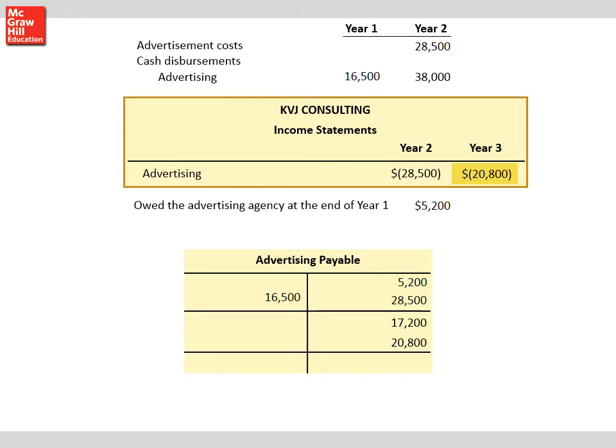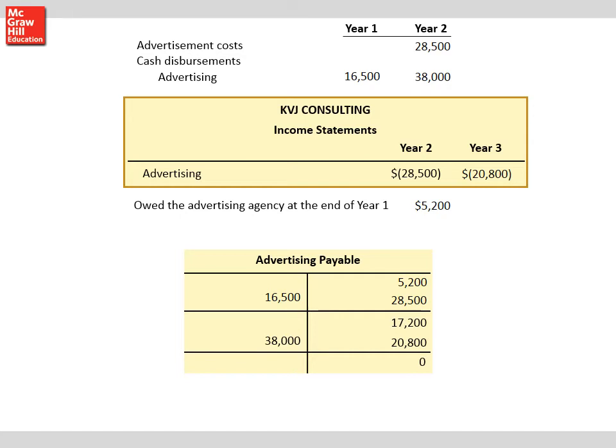At the end of year 3, we would add the advertising, well, during year 3, add the advertising costs of $20,800, subtract the total payment of $38,000 that was made, get a zero balance. Why are we adding the advertising expense amount to advertising payable?